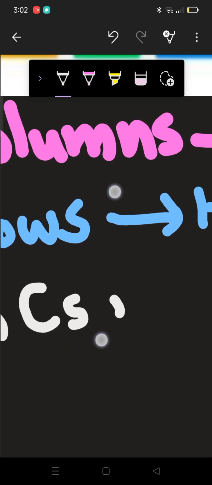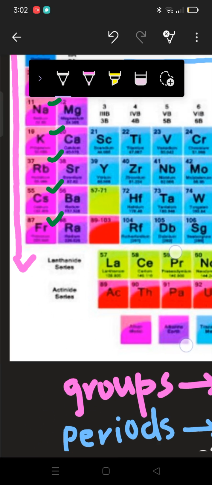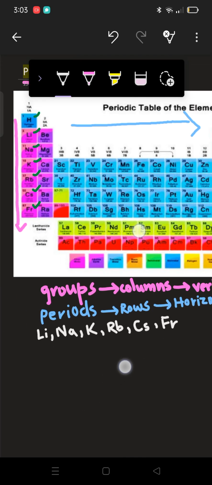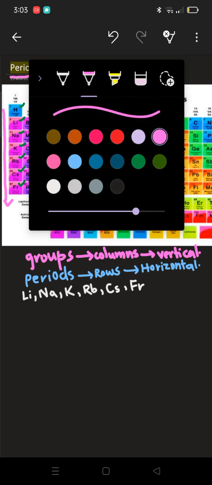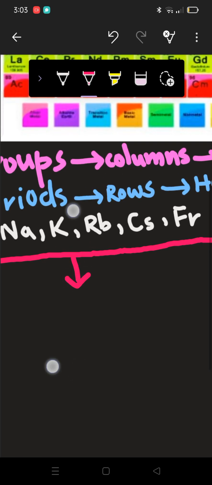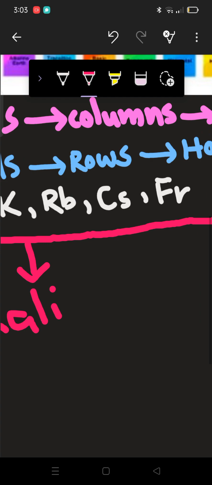Lastly we have francium, represented by capital F and small r. So these elements are alkali metals.